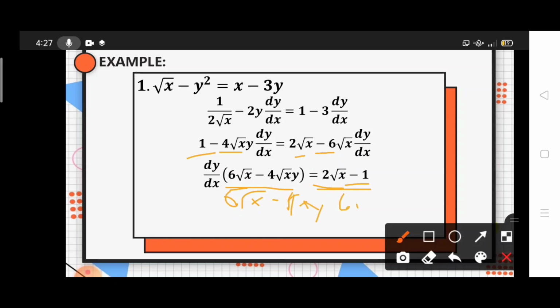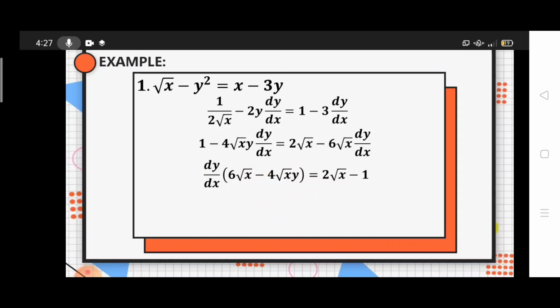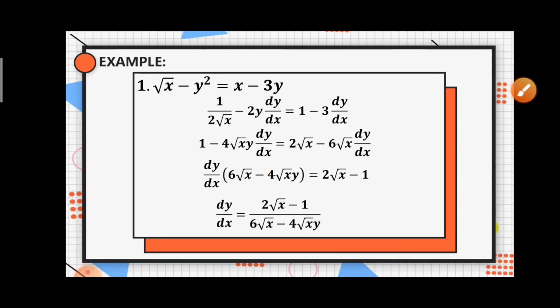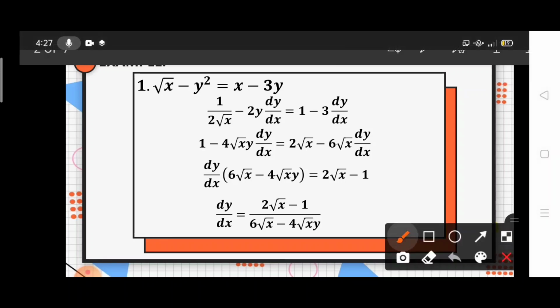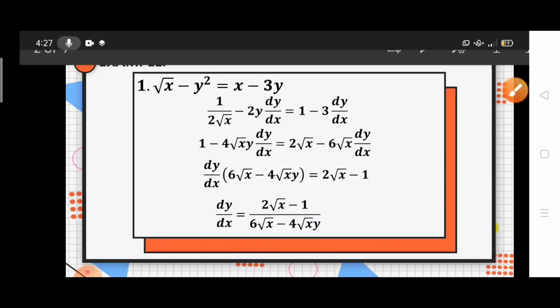So they cancel out, and what is left is dy dx equals 2 square root of x minus 1 over 6 square root of x minus 4 square root of x y. So this is the derivative of y with respect to x. Our final answer.